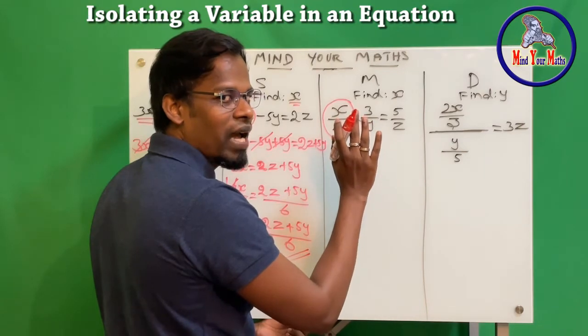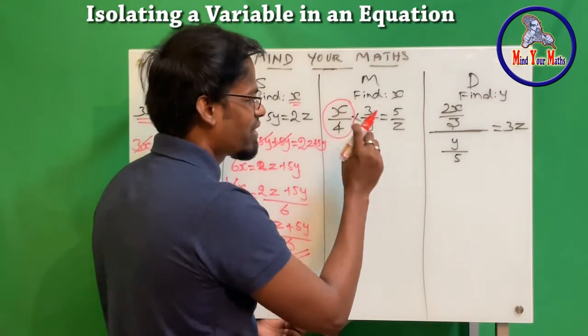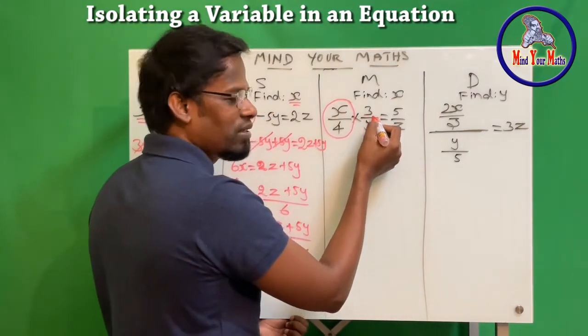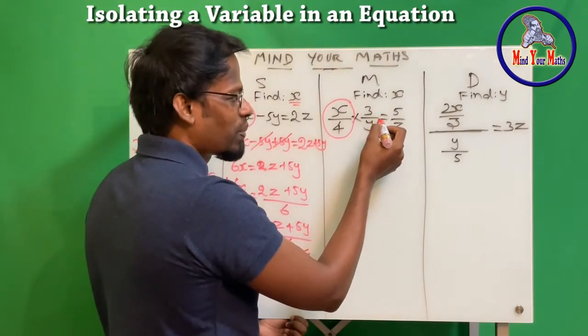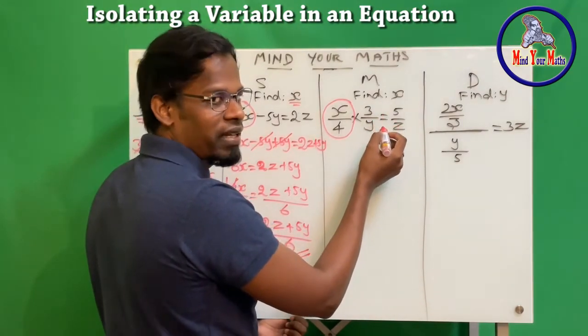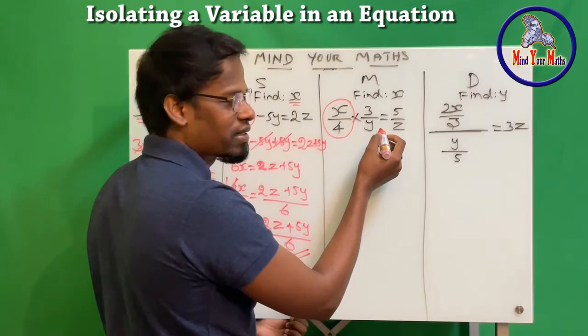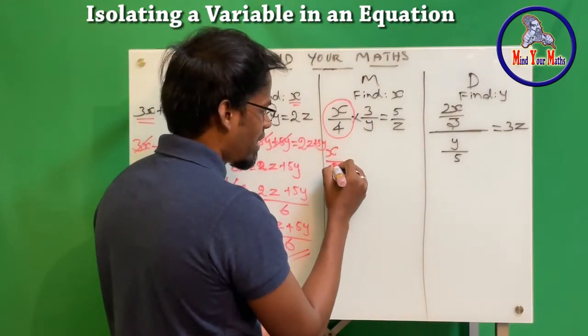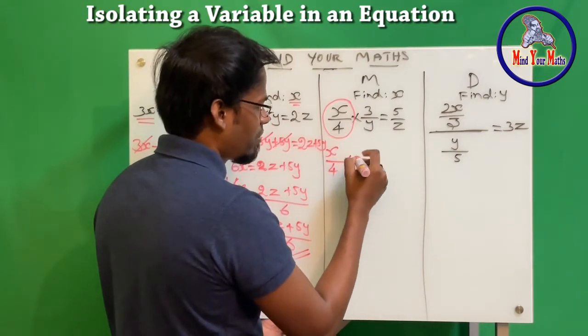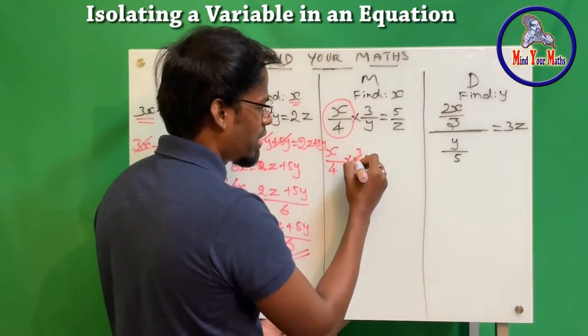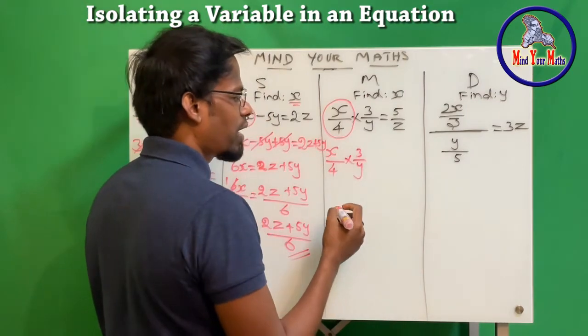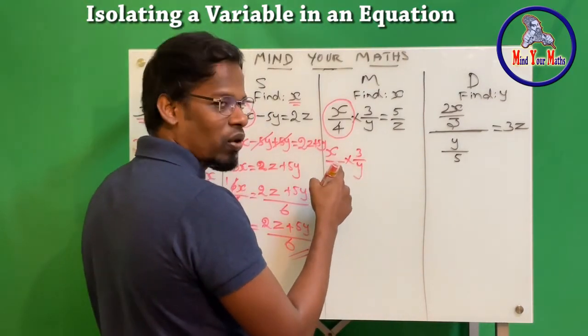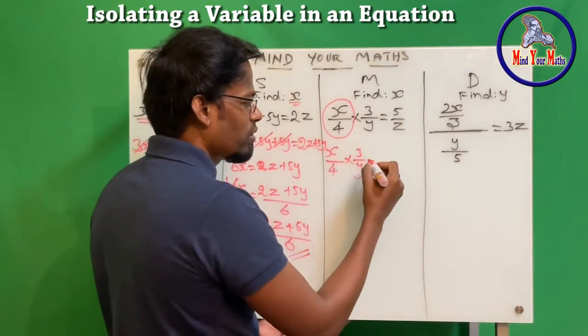If you remember it right, yes, that's correct. We need to multiply y by 3 here so that it gets cancelled, right? Yes, let's do that. x by 4 times this, I'm just rewriting this one, 3 by y, right? Now because we just need only this one, what are we going to do?